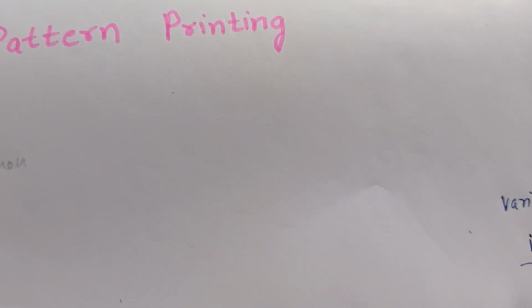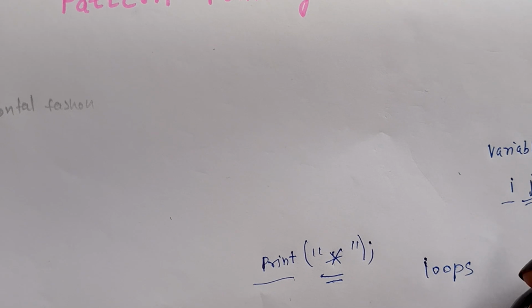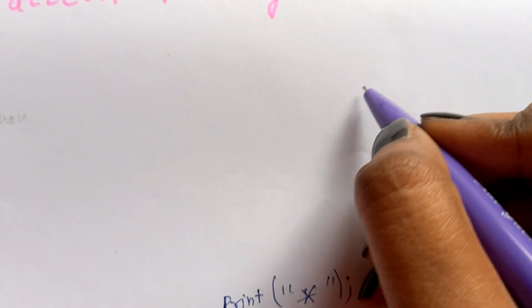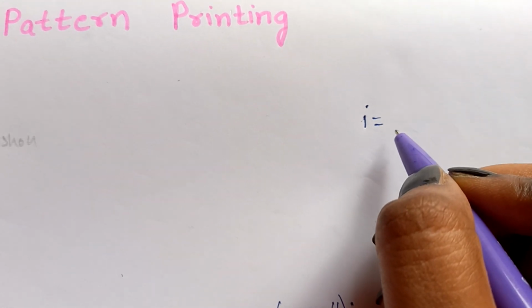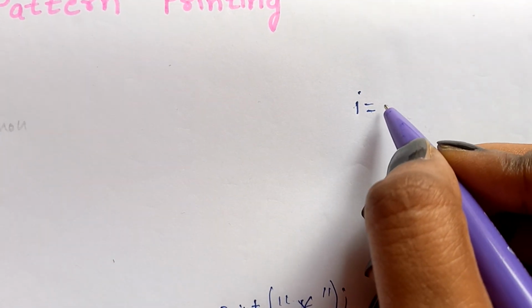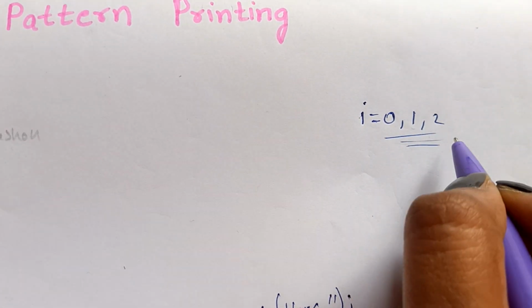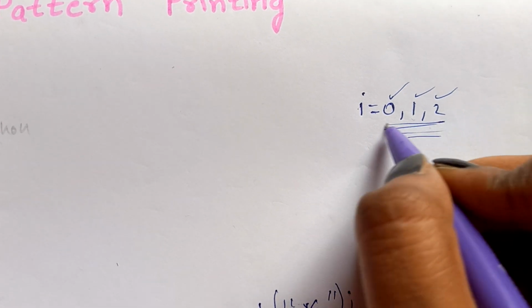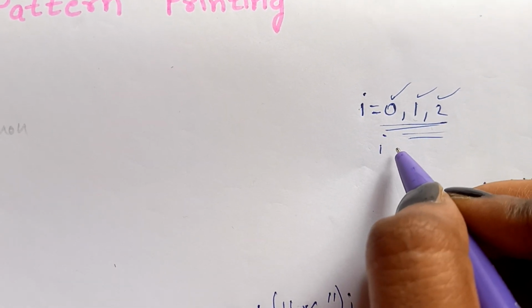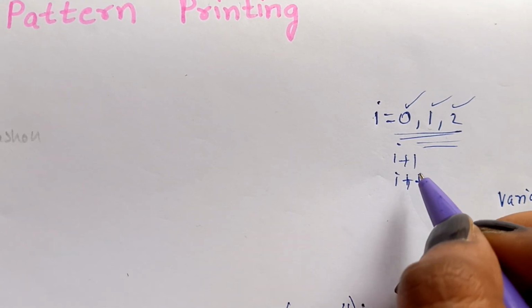For suppose to print this pattern we need a logic. So to write a logic, you take the I variable. I can be 0, I can be 1, I can be 2, anything. In loops, it increments. You can increment, you can decrement, you can write like I plus 1, I plus plus.